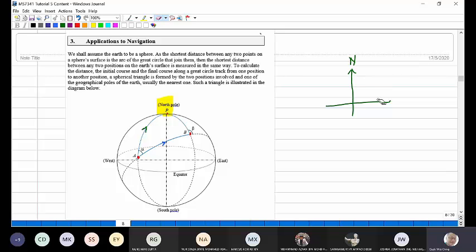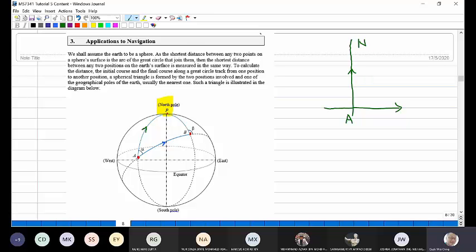This is north here, and this is the point A. So you see that this is the direction pointing towards north. This is the North Pole here, pointing north.